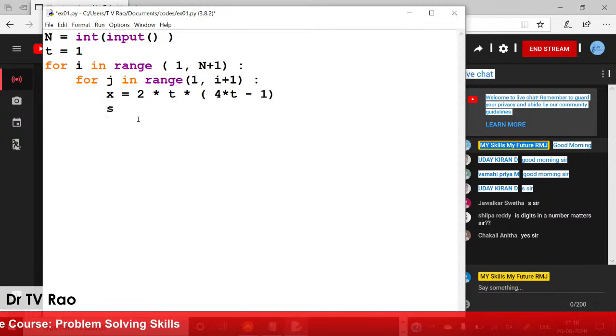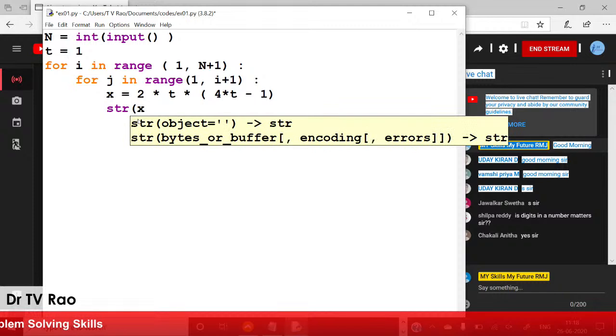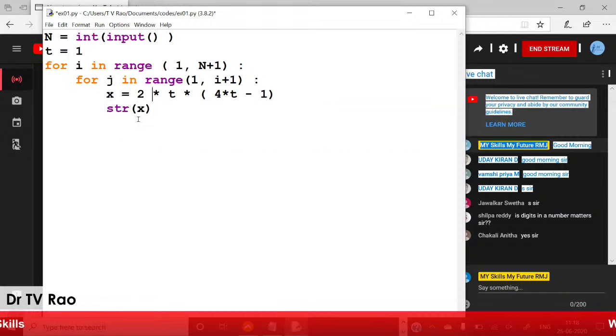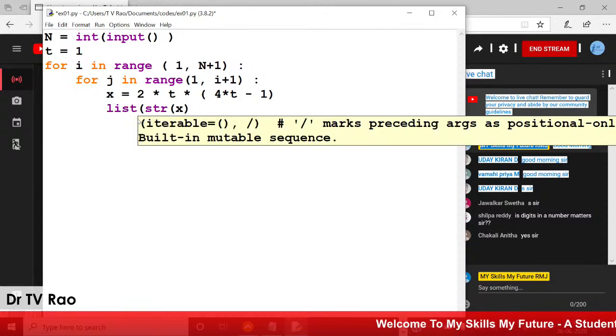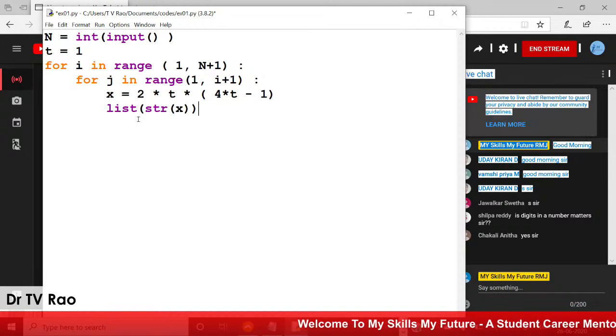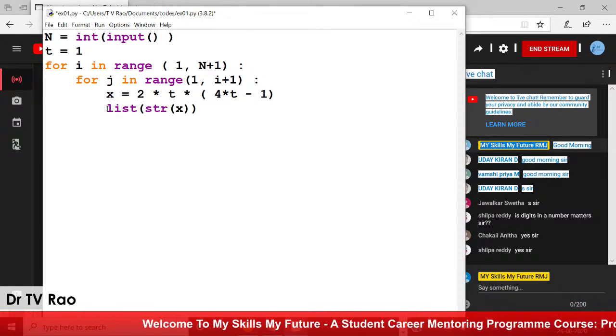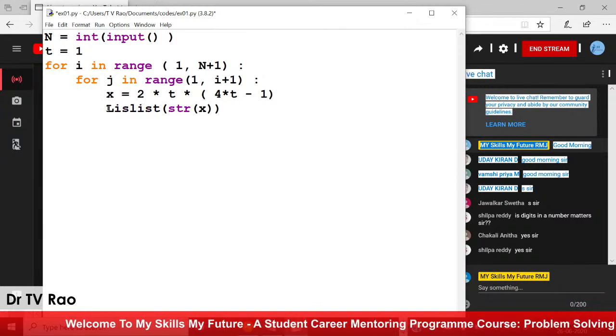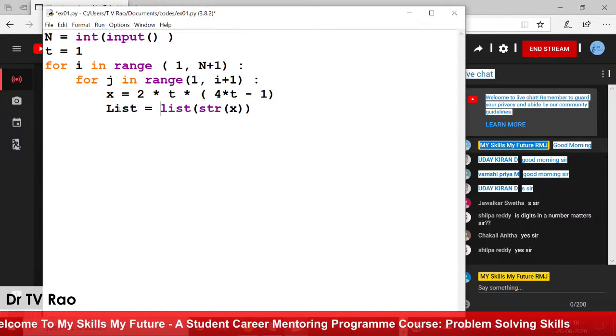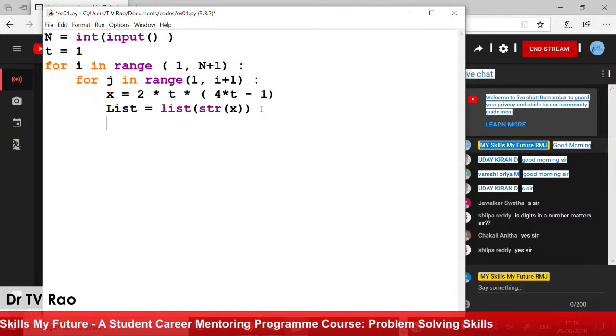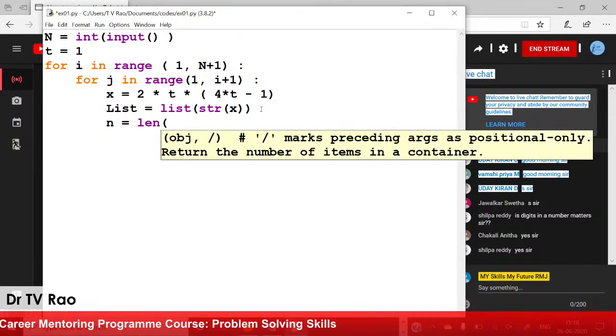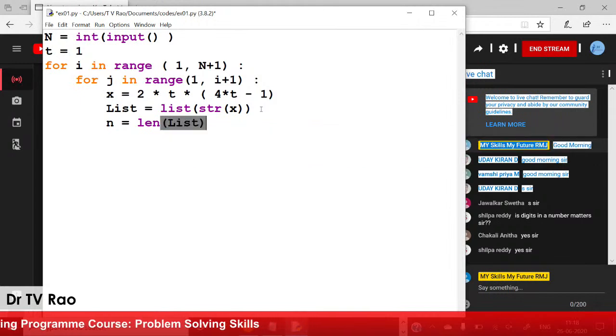Okay, now you convert this into string and then you convert this into a list. Now you have list of digits as strings, right? Okay, let us call this list. So let us find out number of digits.